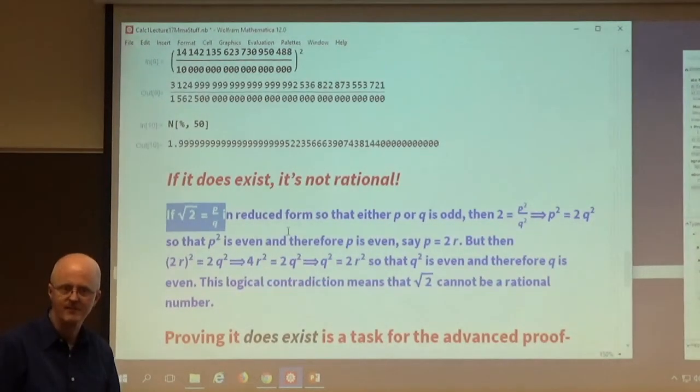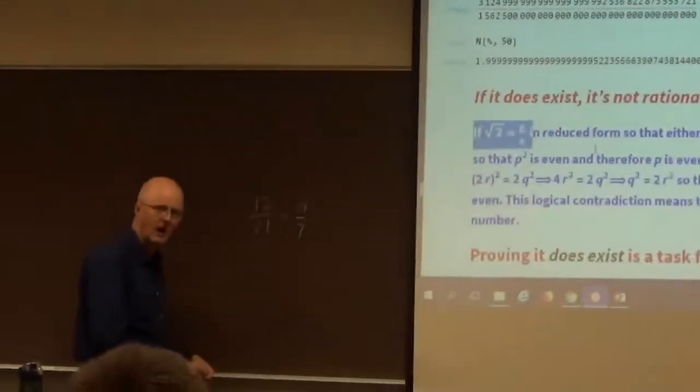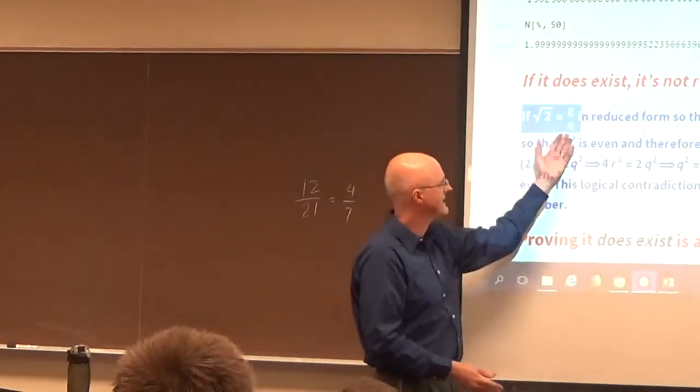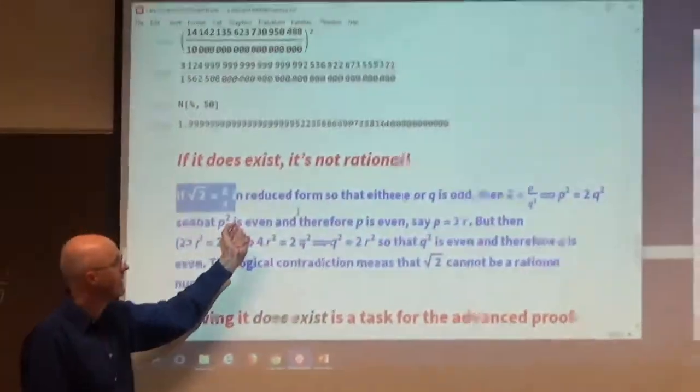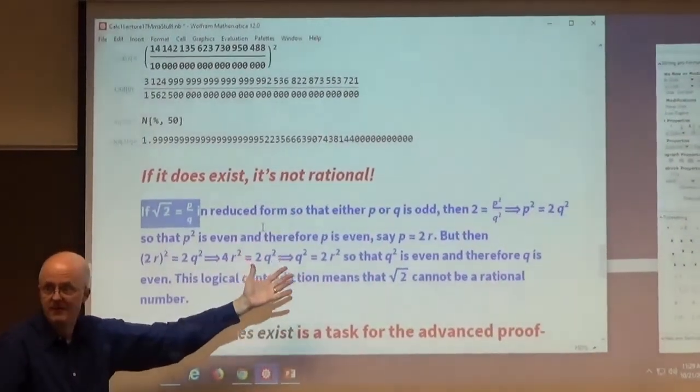For example, 12/21 can be reduced to 4/7. You can always reduce fractions, so you could always assume that your fraction is in reduced form. And that would mean, in particular, either p or q is odd. They couldn't both be even, because then you could reduce it further.